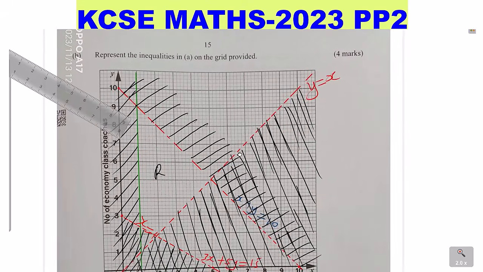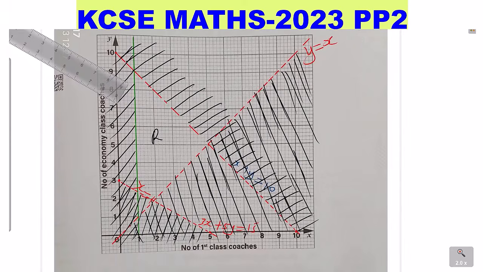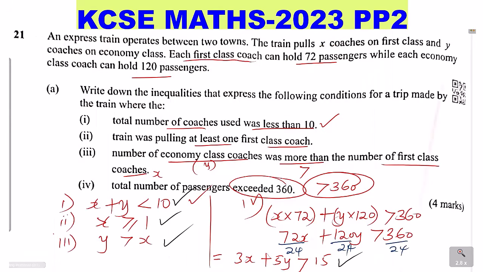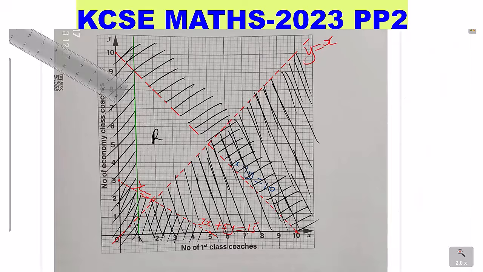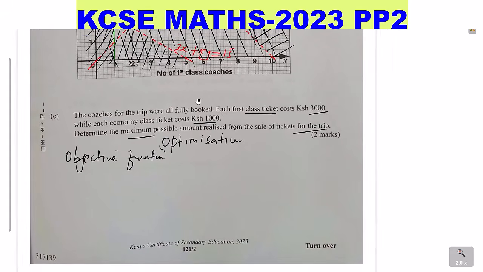From the first part of the question, it was carrying 72 passengers. Then economy class was carrying 120 passengers. To optimize and get the profit, the objective function is what you're getting right now.